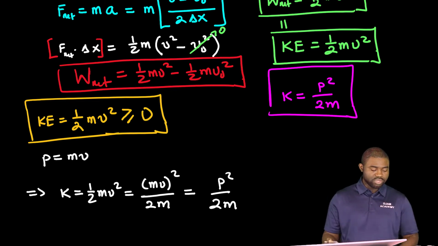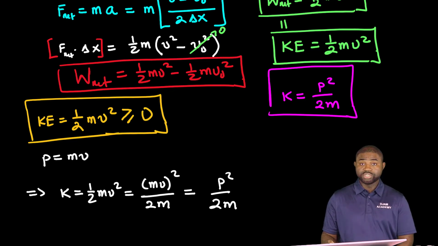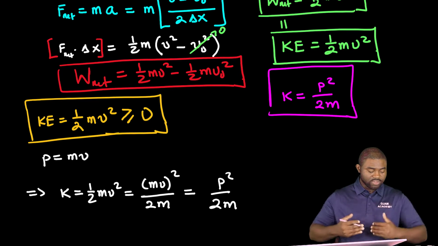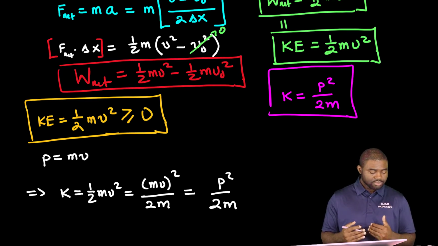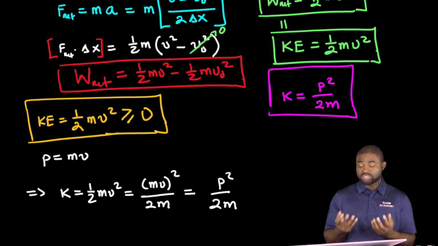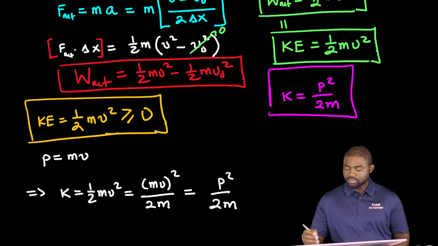Let me give you how you can encounter this particular equation. If you have two objects A and B with the same momentum, if A has twice the kinetic energy of B, then how are their masses related? Keep that in mind.